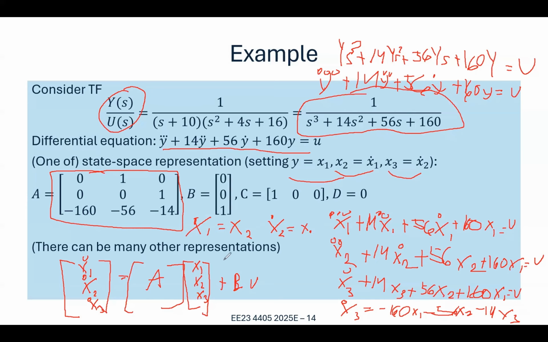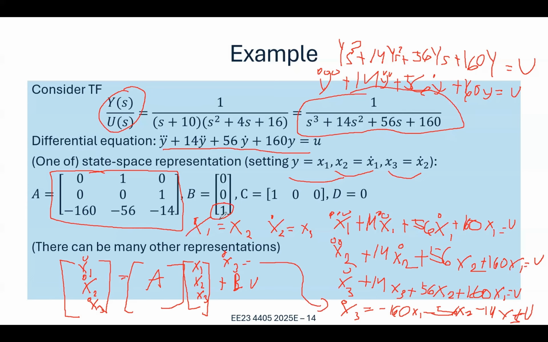And in the third row, x3 dot is minus 160 x1 minus 56 x2 minus 14 x3 plus u. Sorry, I missed the plus u here, so plus u would be in the last row.